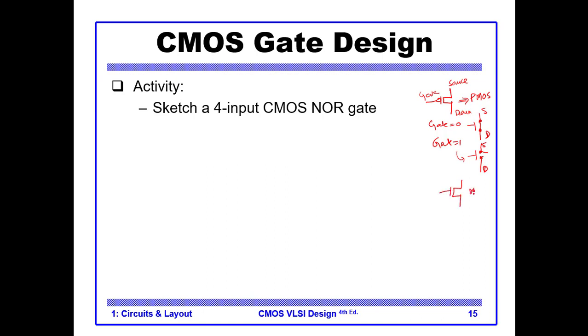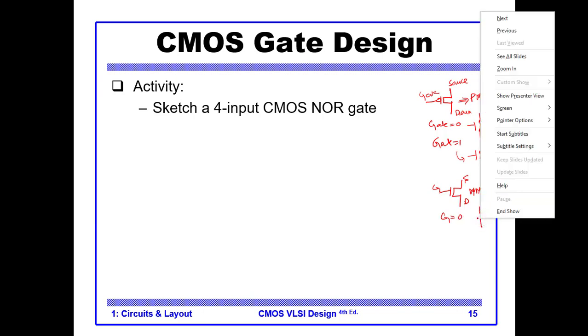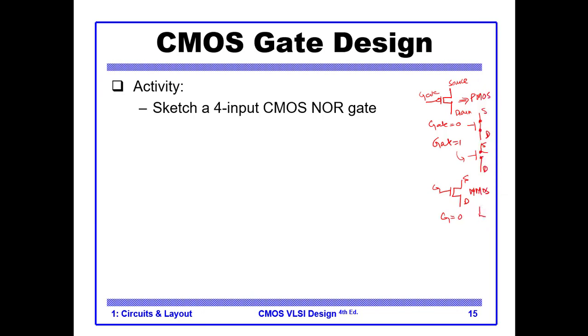Then we have NMOS. NMOS is this one. It doesn't have a bubble at the gate. This is gate, source, drain. And it is reverse. If gate is 0, it is an open switch.